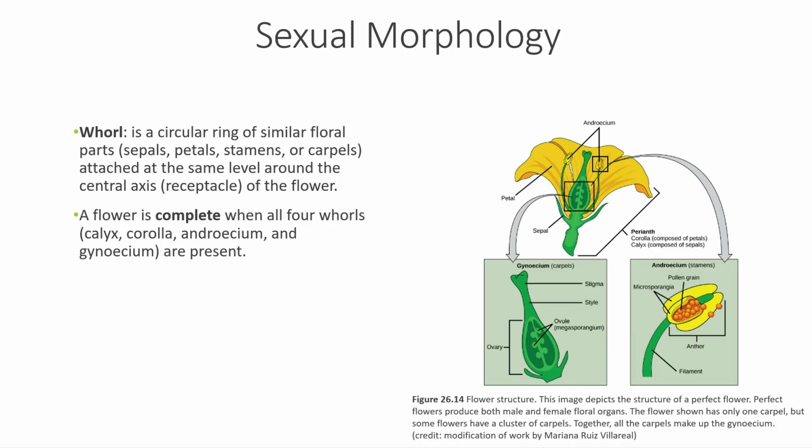If even one of these 4 major sets of organs is missing from the flower, then the flower is classified as incomplete. This distinction is important because it explains much of the structural diversity we observe across flowering plants and helps us understand how different species have adapted their reproductive structures to specific pollination strategies.